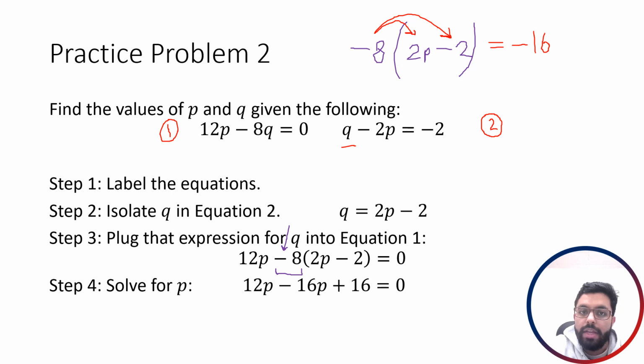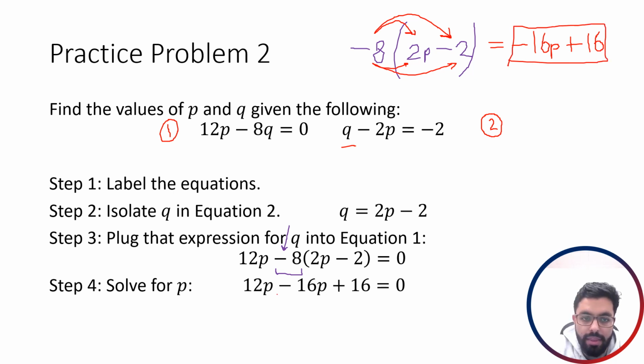Oh, and sorry, in the first step, it's -8 times 2p, so I've got to add the p in. And then in the second step, it's -8 times -2. That's positive 16, so that's why we're going to put a plus sign here and a 16. So that's -16p plus 16.